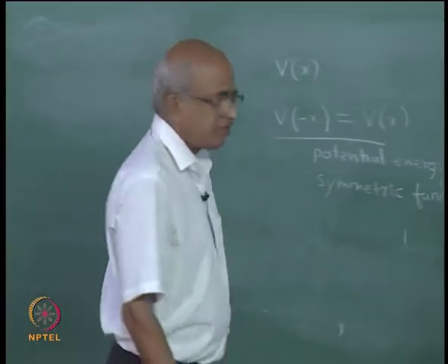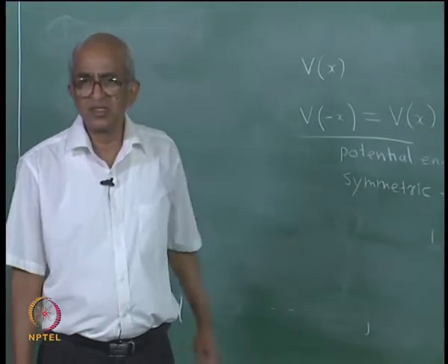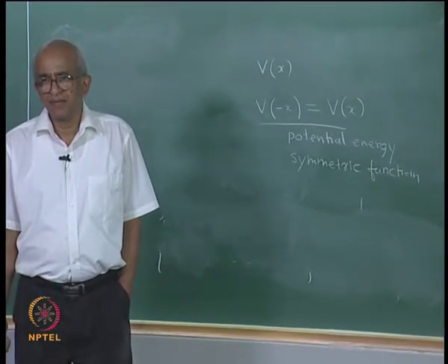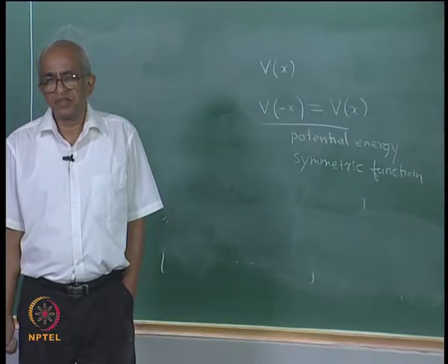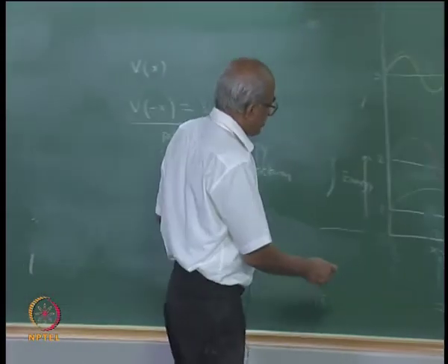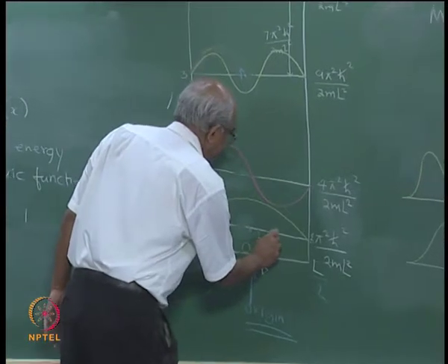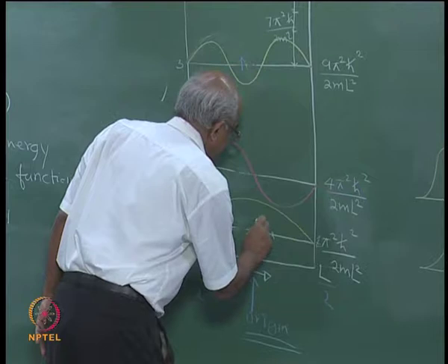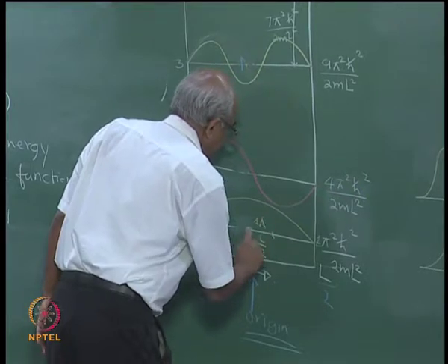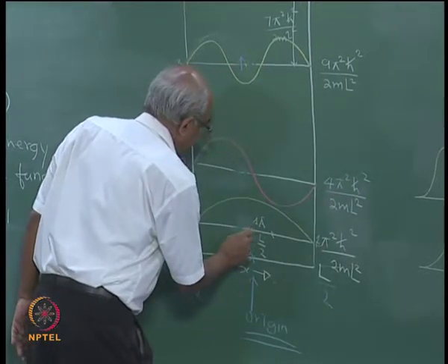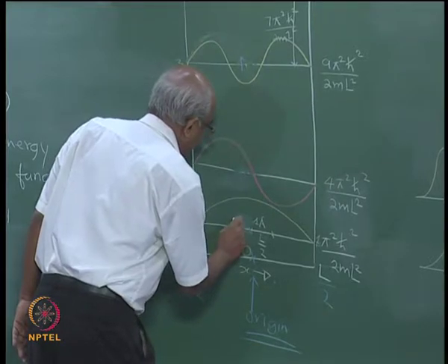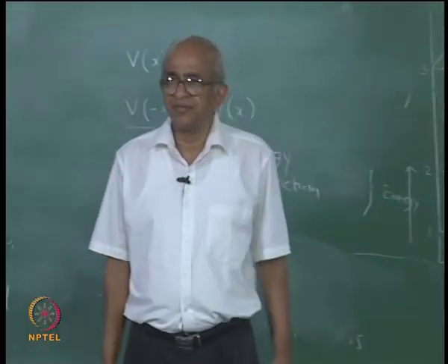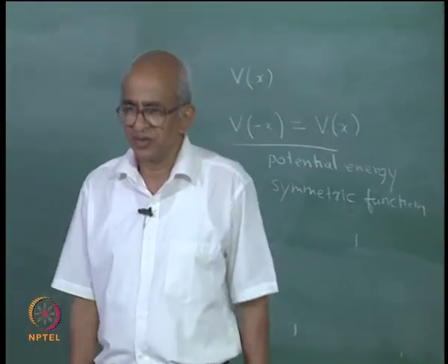Now, you look at the wave functions that we have in the picture. What happens to them? Think of a point at a distance, let us say maybe 1 angstrom on the positive side, and again at a distance of 1 angstrom on the negative side. What about the wave function at these 2 points?